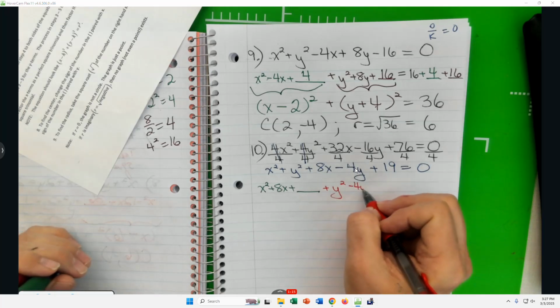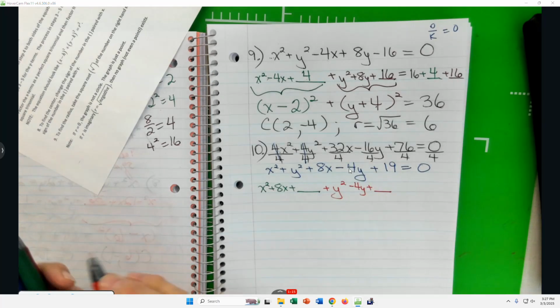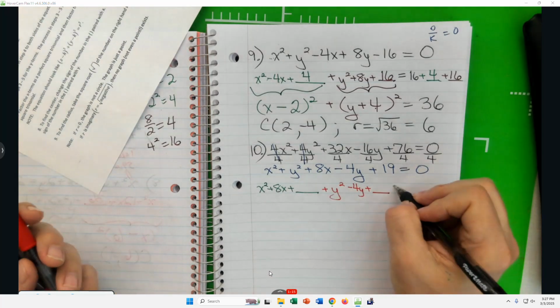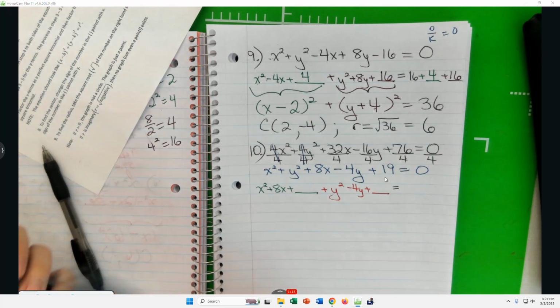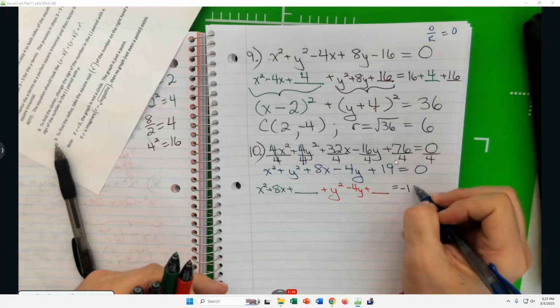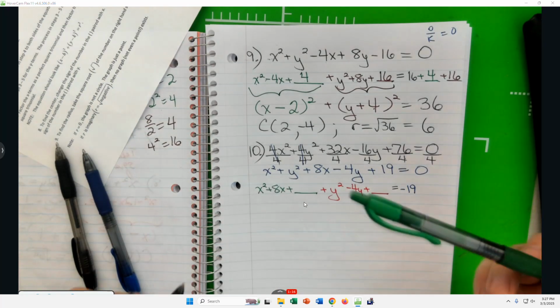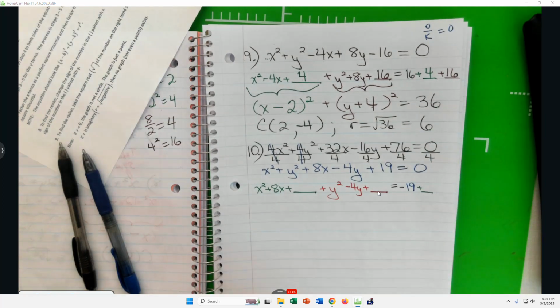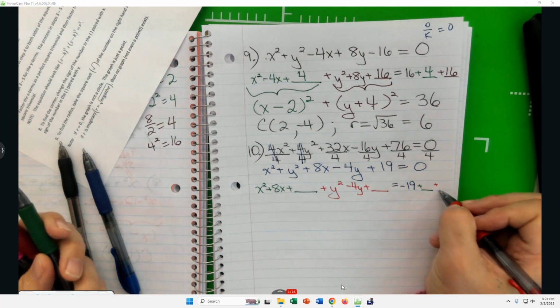Minus 4y plus, skip some space. And on the right-hand side, we move the 19 over, so that's a negative 19, but we still have to add the green blank and the red blank.